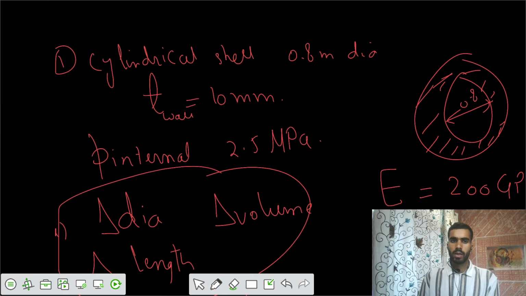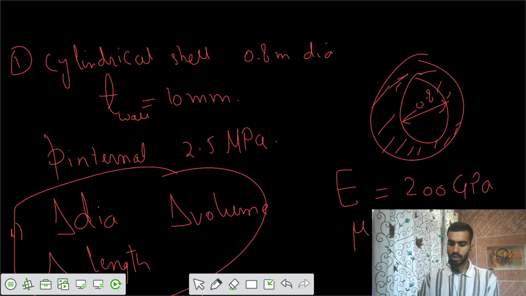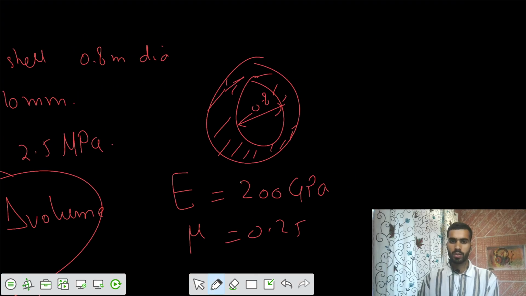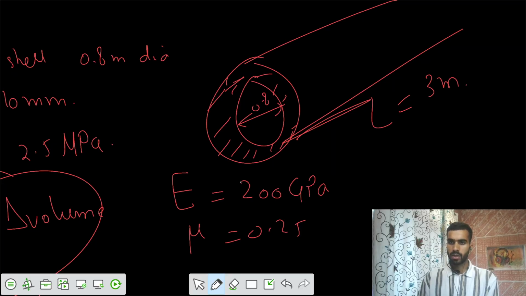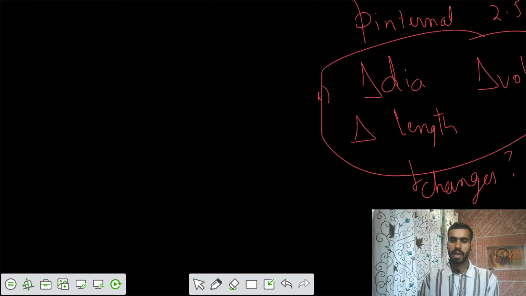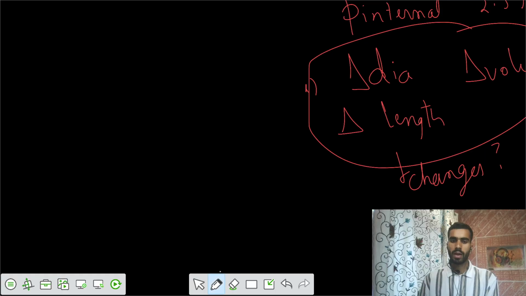Now, since it's a cylindrical vessel, we need the length also. So there's some length also, length of 3 meter. For calculation of diameter, we need to calculate the hoop strain. Do you know the equation for hoop strain?